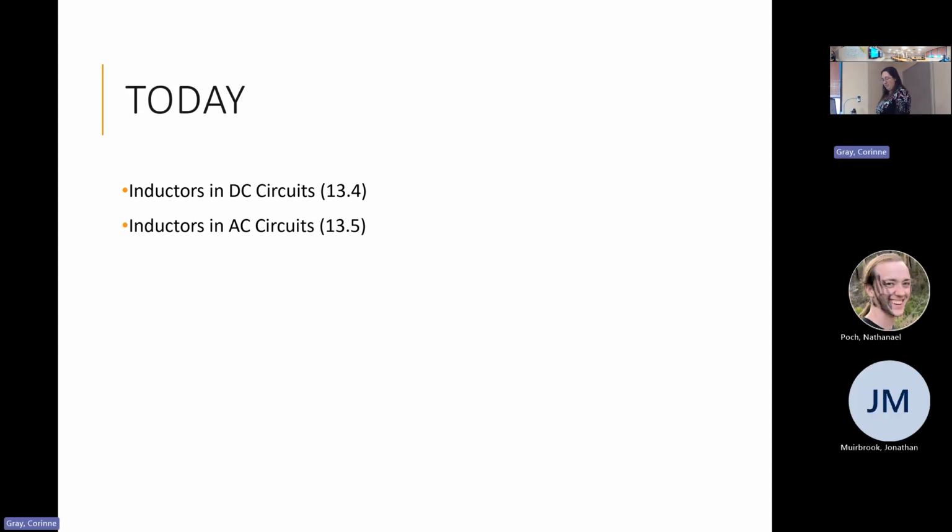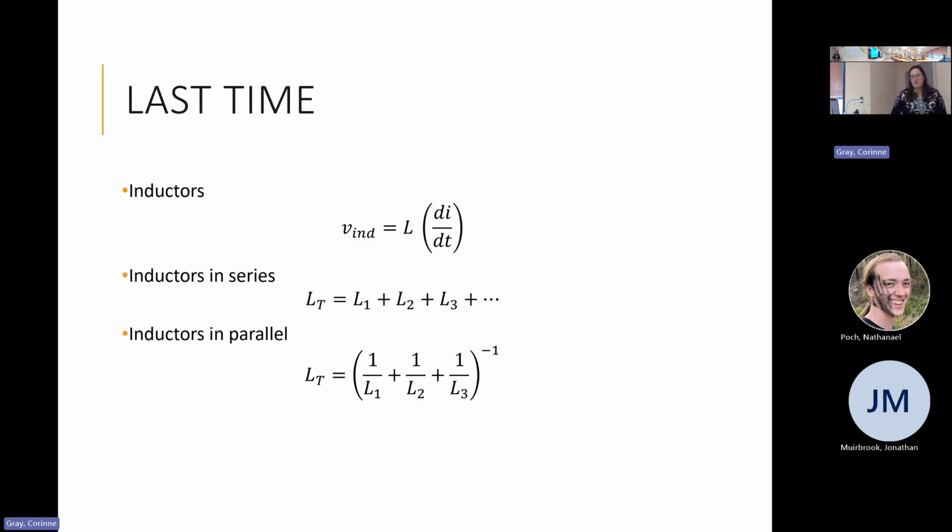All right, so today we're going to talk about inductors in DC and AC circuits. Because our equation has a time derivative in it, think about what we were doing with capacitors: over time we were building up voltage, and that caused our capacitor to look like a break.